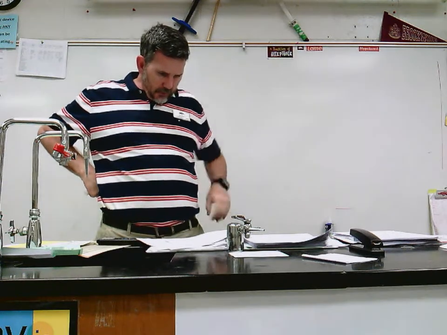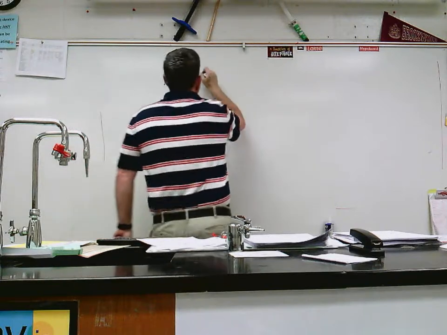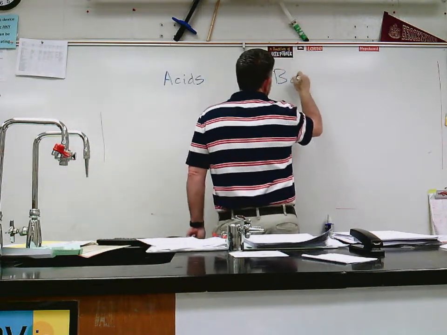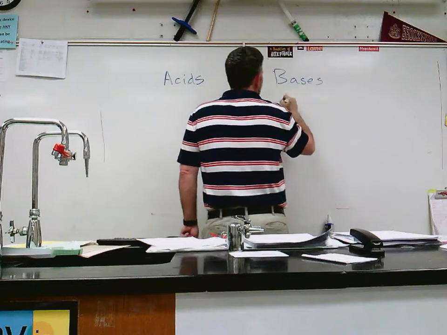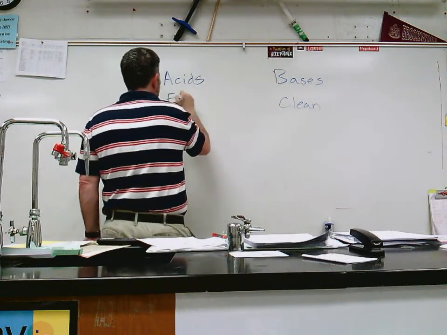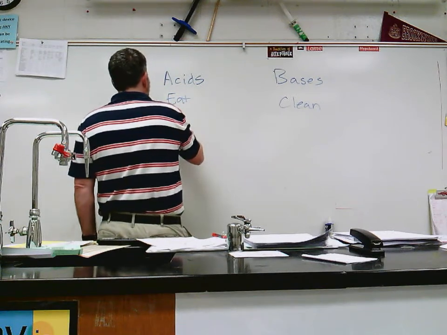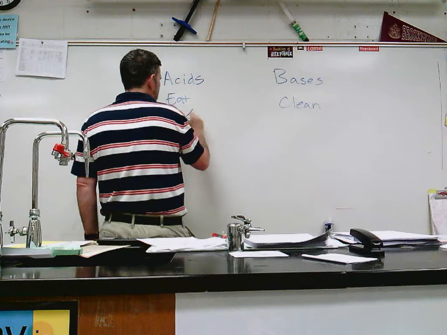In the table below, list properties of acids and bases. Okay, let's do this. Acids. Bases. We clean with bases. We eat acids. What else? pH less than 7.